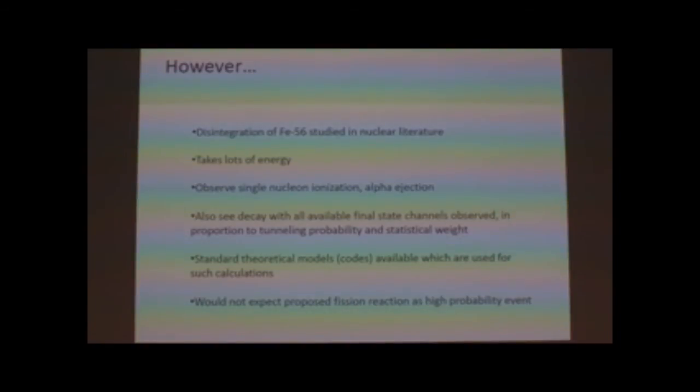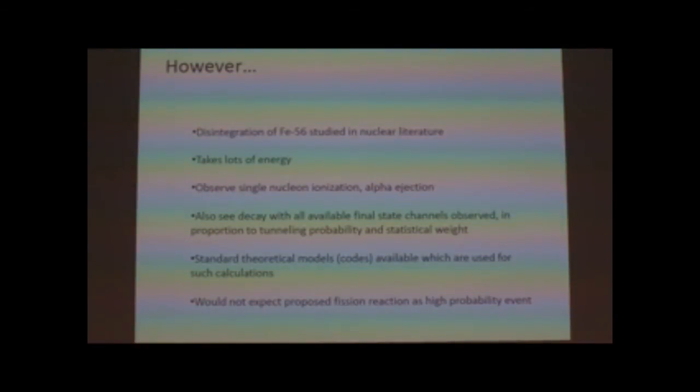let us now return back to the literature and known laws of physics and so forth. So disintegration of iron-56 is, of course, well studied in the nuclear literature. It takes a lot of energy, as I will show shortly. It's sort of easy if you've got 20 or 30 MeV of energy in your incident particle to get proton-neutron ionization or alpha ejection.